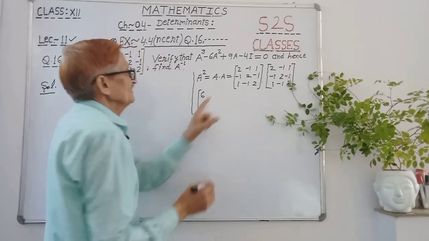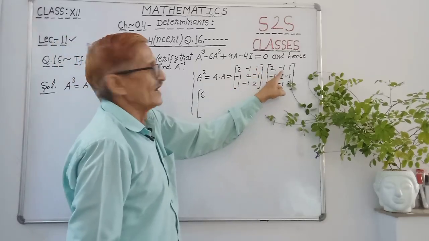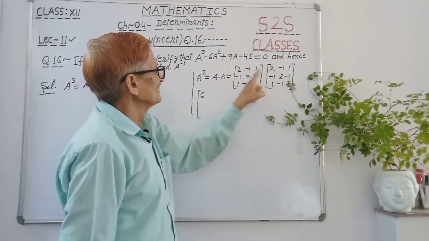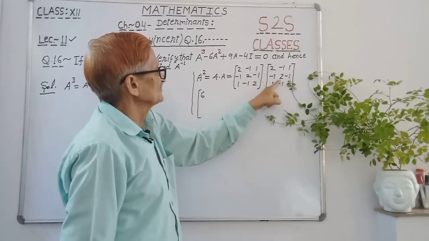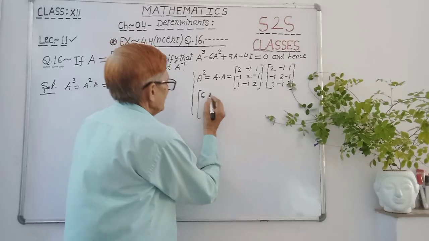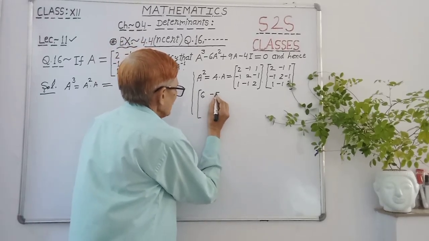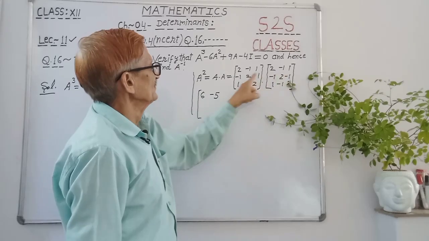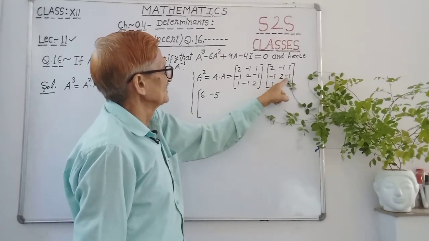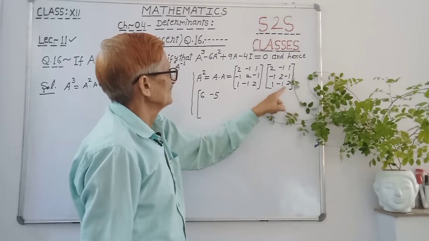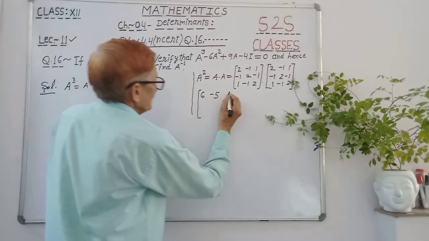Now with the second column, 2 into minus 1 is minus 2, minus 1 into 2 is minus 2, so minus 2 and minus 2 is minus 4, and minus 1, minus 5. Second element. Now with the third column, 2 into 1 is 2, minus 1 into minus 1 is plus 1, 3, and 1 into 2 is 2, then 3 plus 2 is 5.